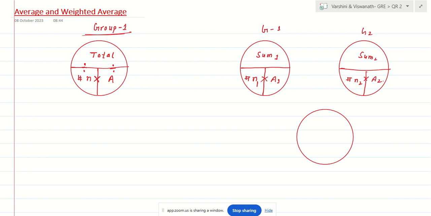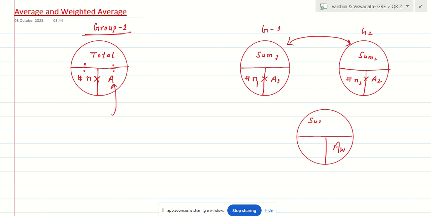n2 into a2. So then we talk about the weighted average. If one group, we talk about the average. If there are multiple groups, we talk about the weighted average. If the question asks for the average of the salaries of these two groups together, that is called the weighted average. So how to do it?